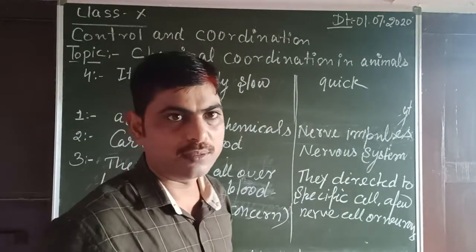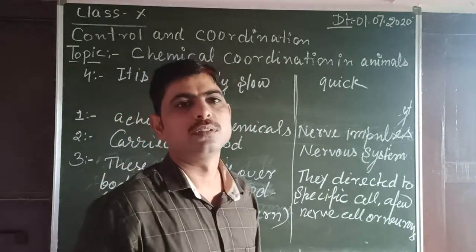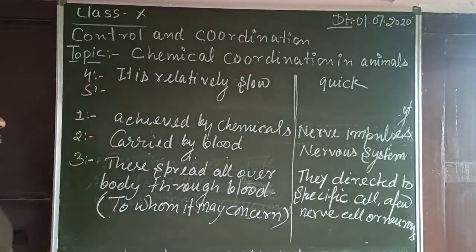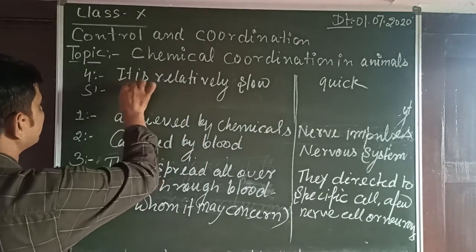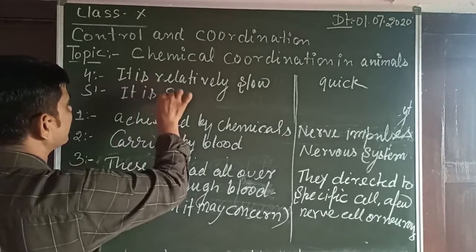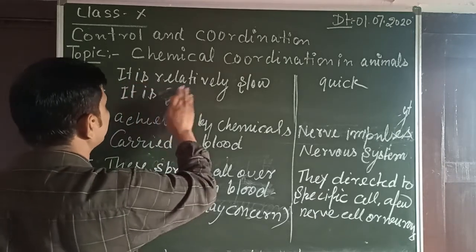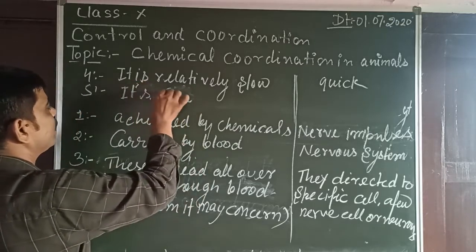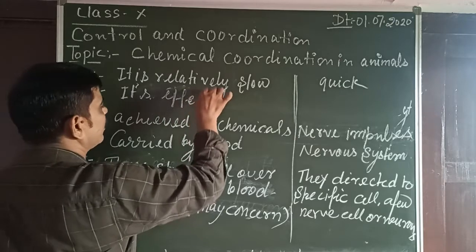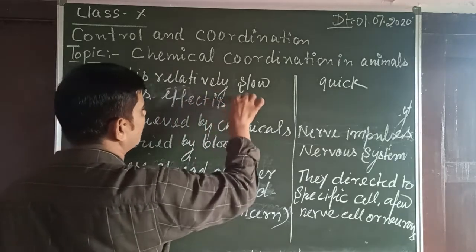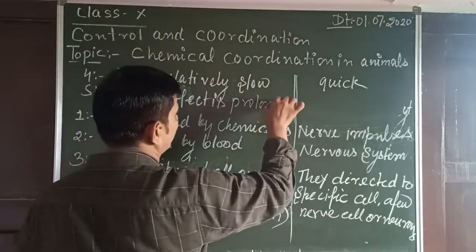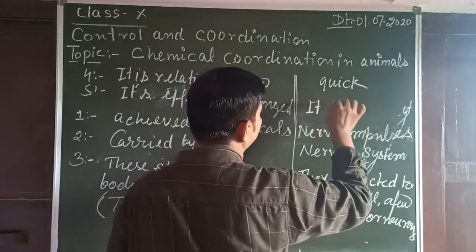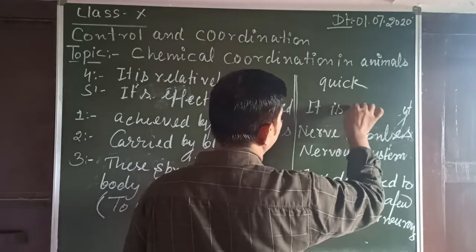It is not for all, there are some exceptions also. Fifth, the effect of hormones is prolonged, a long effect, while the nervous effect is short-lived.